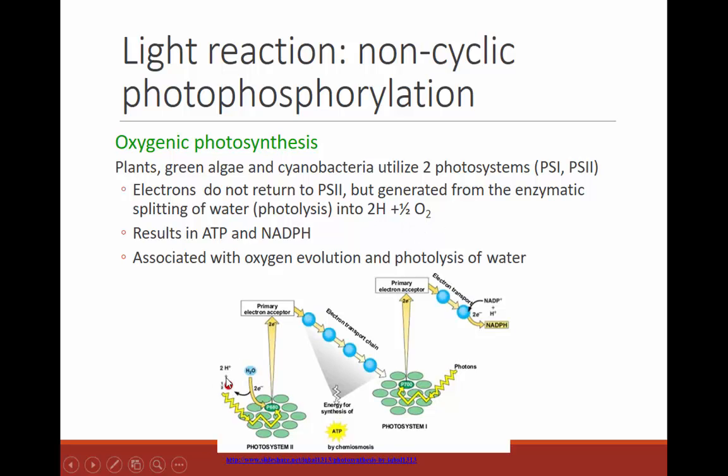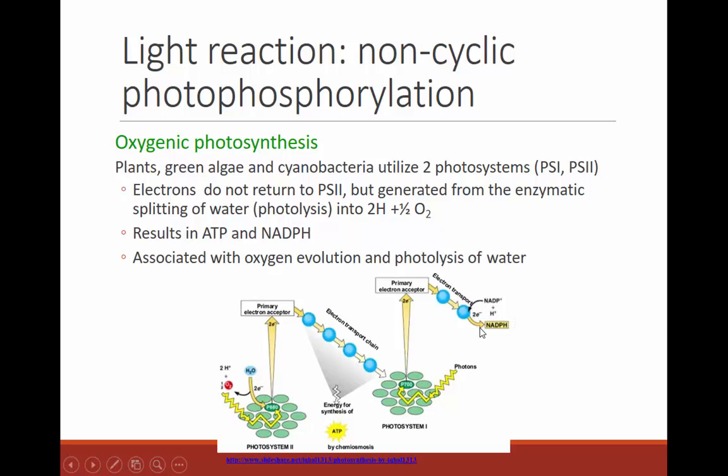So you get the production of oxygen, and these electrons go up to a higher energy and go through the electron transport chain, go into photosystem 1, then go into another primary electron acceptor, and then they are lost, basically.